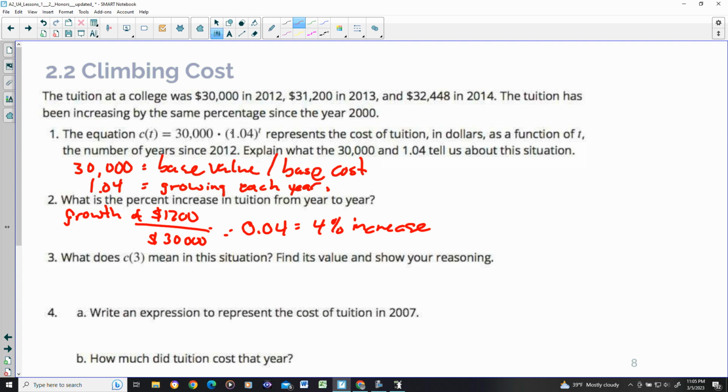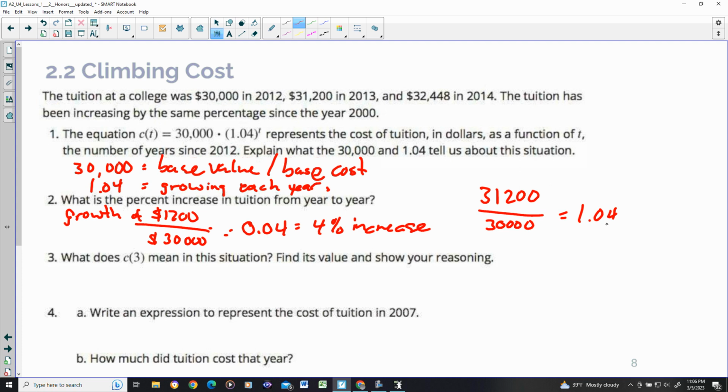So the 1 represents the fact that I could add the 30,000 into this. It represents one whole 30,000 amount. And so I could do 31,200 over 30,000, and that gives me 1.04. So the 1 represents the original 30,000. And it's the whole amount plus the growth instead of just the growth itself.